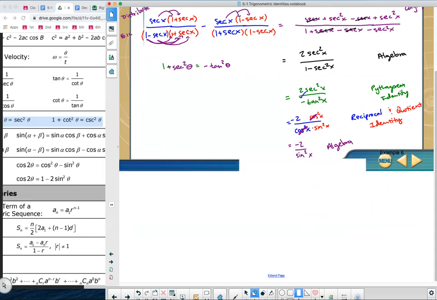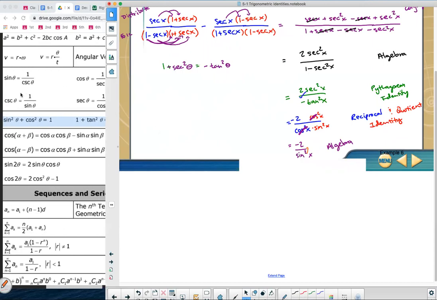Okay, and finally, last step. I can now shoot my sine squared up. So sine in the denominator is the same thing as cosecant in the numerator. So I can shoot that up, doing a reciprocal identity, and I get -2 CSC squared x. That's using reciprocal identity.